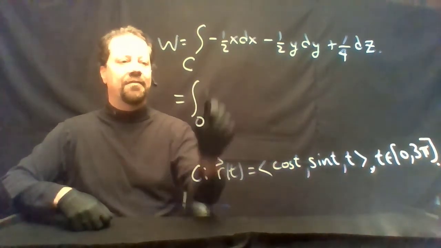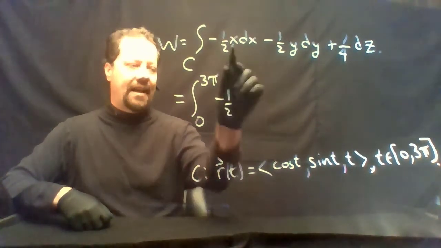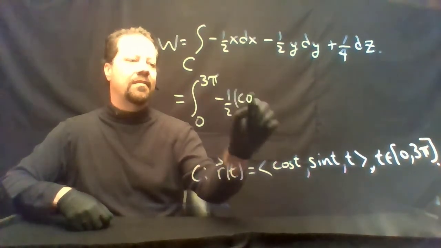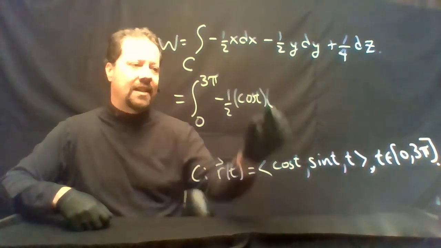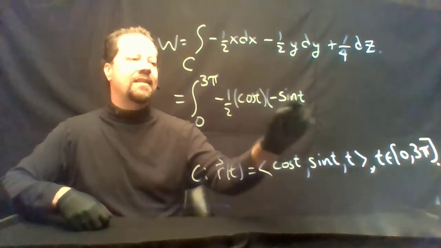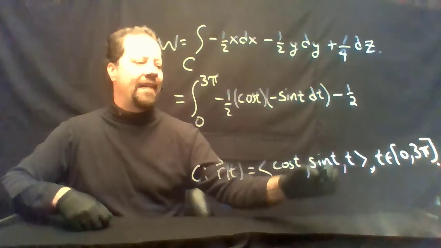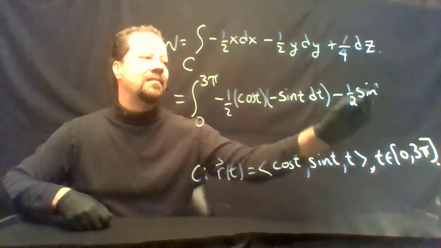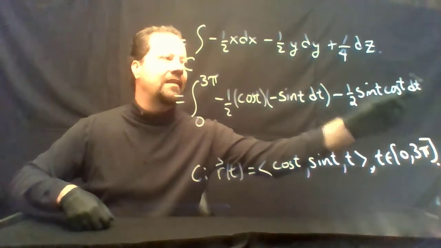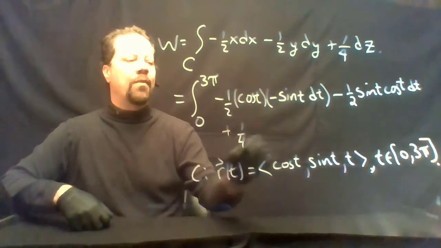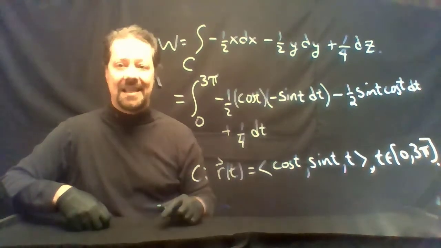We'll have the integral from 0 to 3 pi of minus 1/2 x, which is cosine t, dx. If x is cosine t, then dx is minus sine t times dt, minus 1/2 y times dy, which is cosine t dt, and then plus 1/4 times dz. dz is dt.